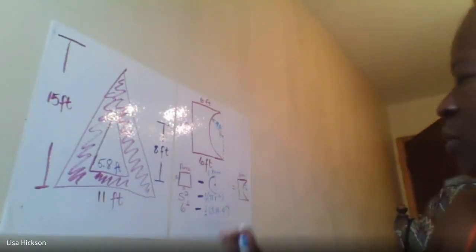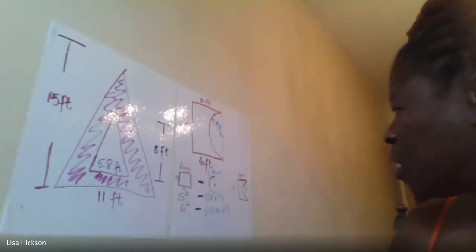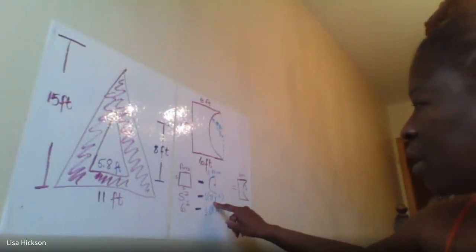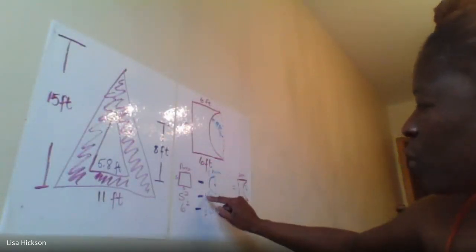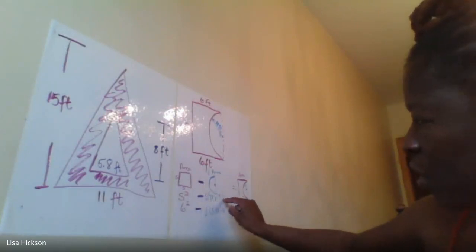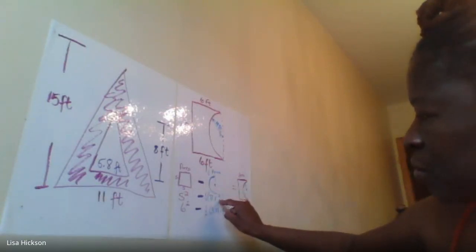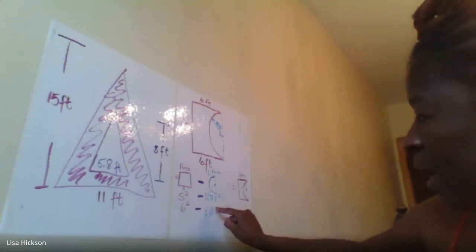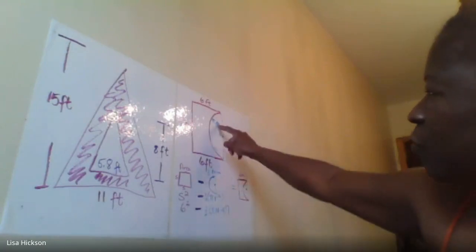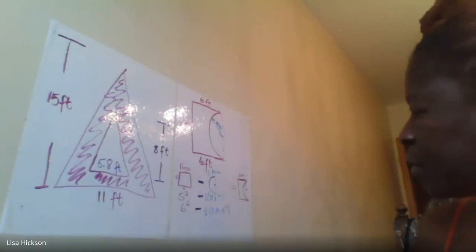So all that was a substitution. Okay? This was the formula. Again, we only have half of a circle. So we are taking half of the area of a circle. Again, half. Pi is 3.14, and we're multiplying that times the radius, which is 4 squared.